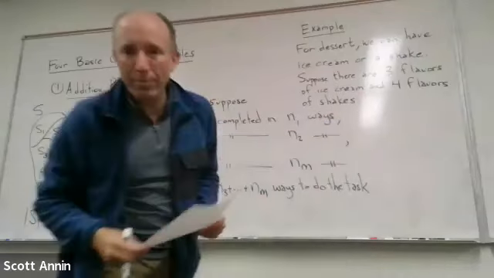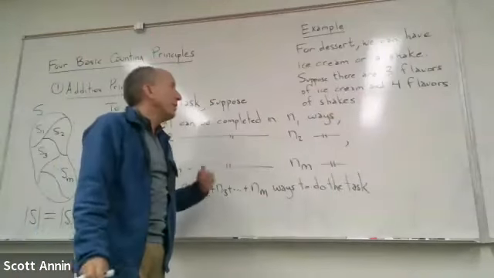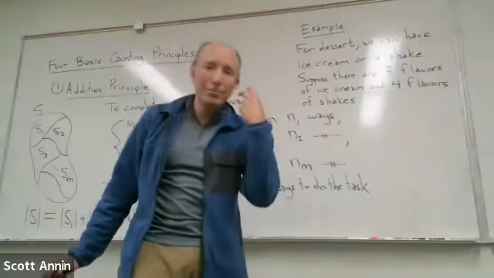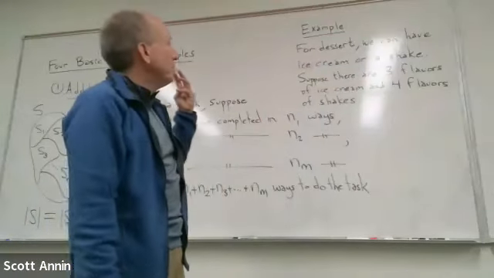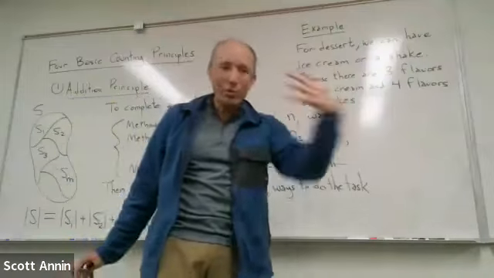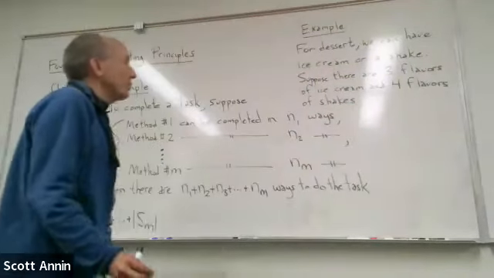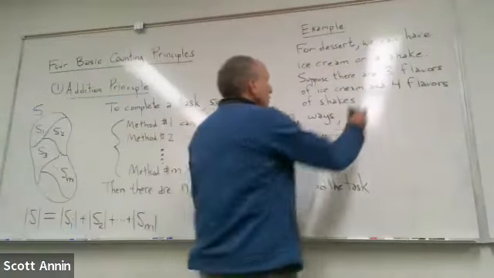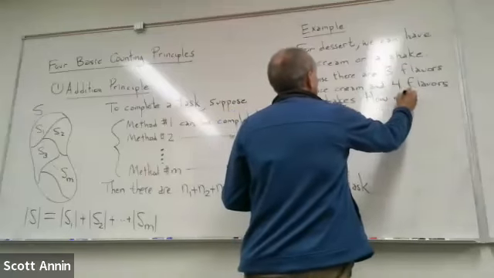Again, might be something you're thinking of already. Could be cookies and cream, vanilla, chocolate, strawberry, whatever, right? So there's 4 flavors of shakes. The question is, how many desserts are possible?